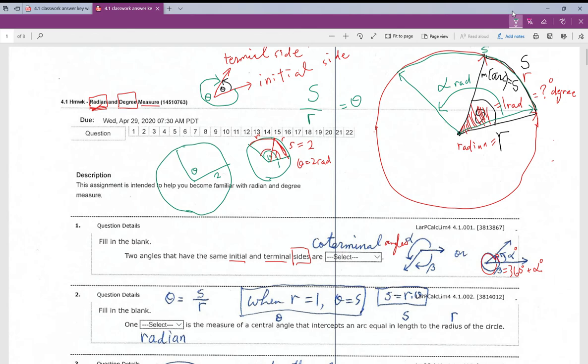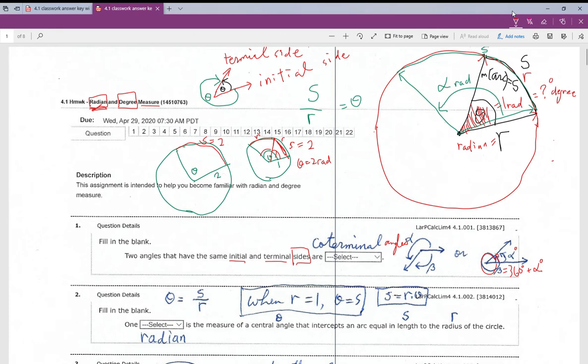If the length of the arc happens to be 2, then obviously, with the same arc length in the smaller circle, the angle was 2 radian.